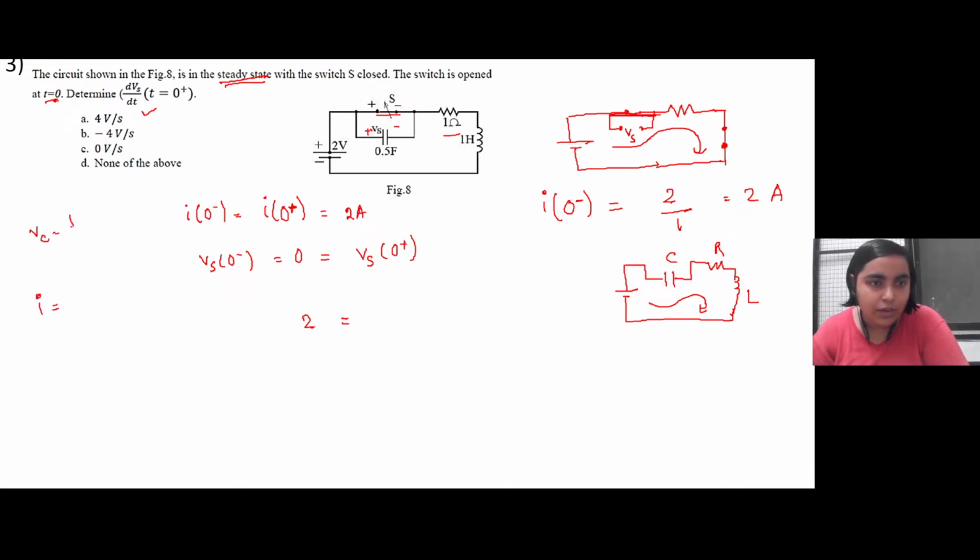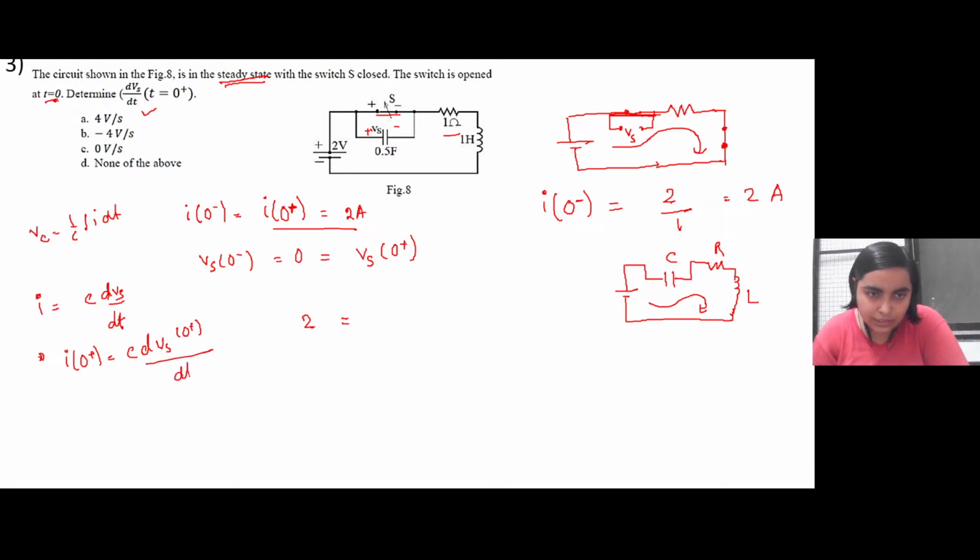Vc is 1 by C integration of I dt, so I will be equal to C dVs by dt, right? So this I of 0 plus, which is equal to 2 ampere, is actually equal to C dVs of 0 plus by dt.